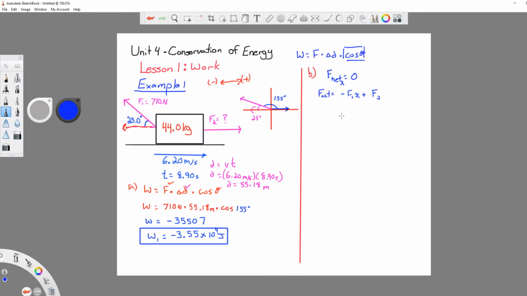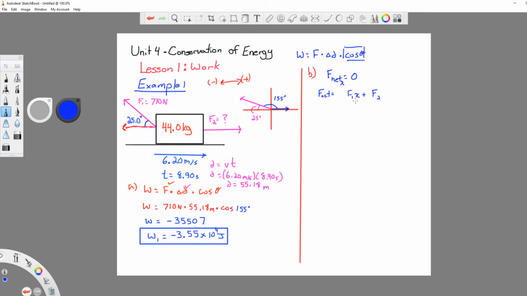Is that how I want to do it? One second, let me just process this. F net is equal to F2 minus F1x. 0 is equal to... Oh, I do want to keep this just positive values for now. Okay, because we've always done it this way.